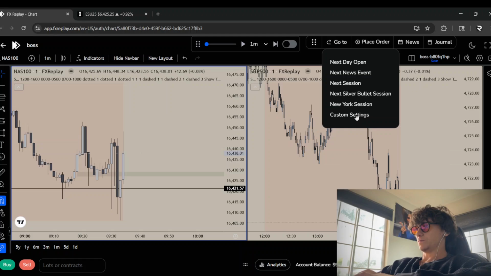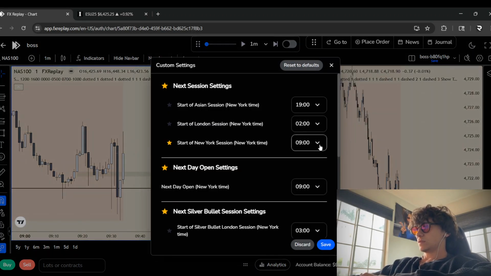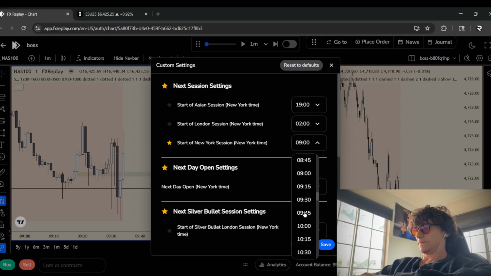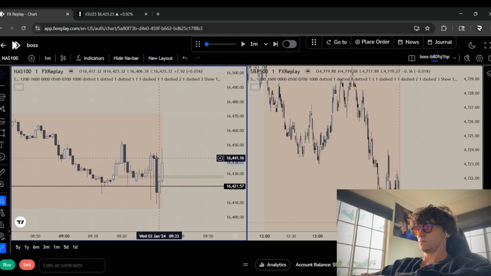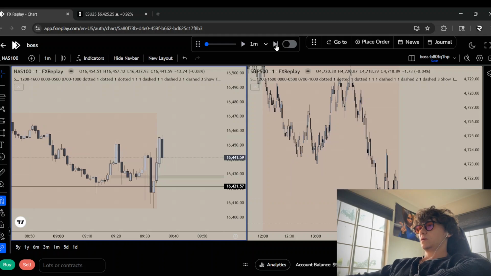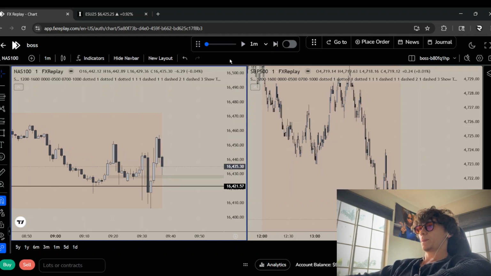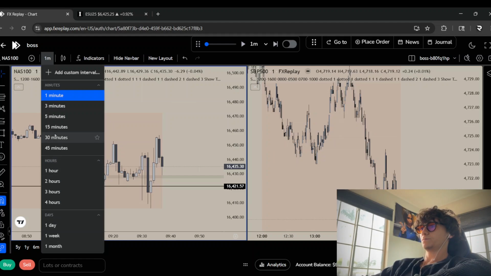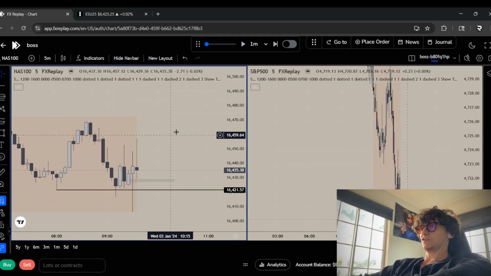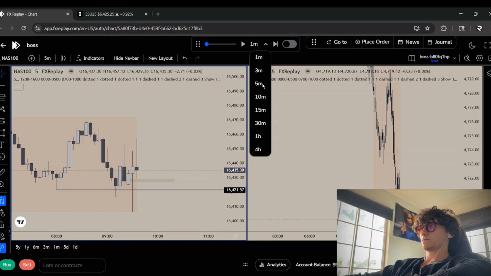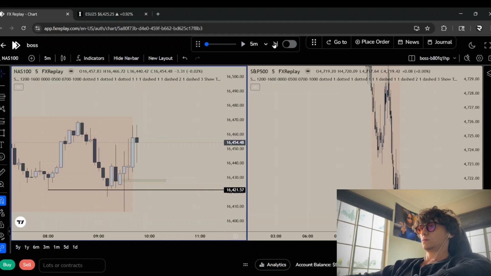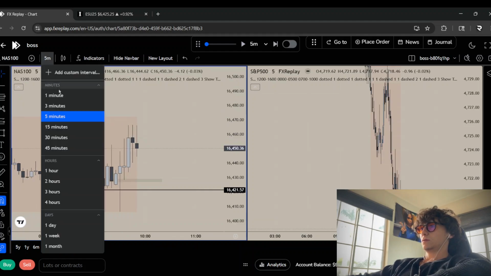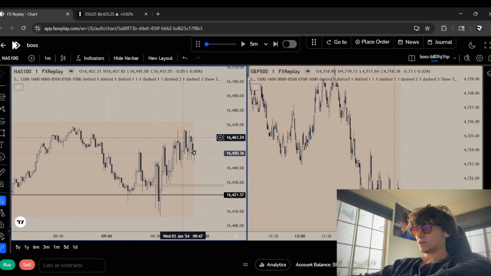Alright, we're gonna change this to 9:30. Maybe if we actually trade market open, we'll do better. Alright, so market opened. Coming up. Let's just look at the 5. Did we fill all gaps here?